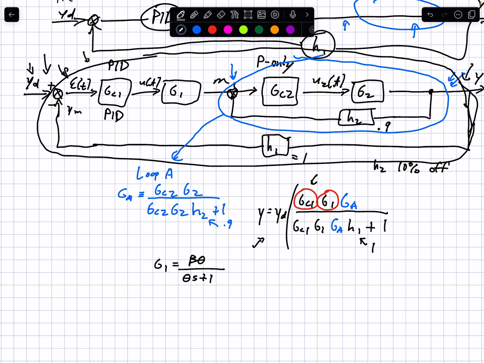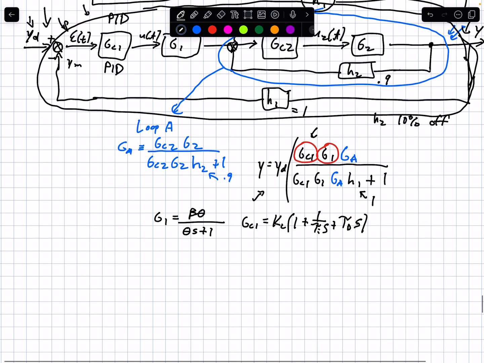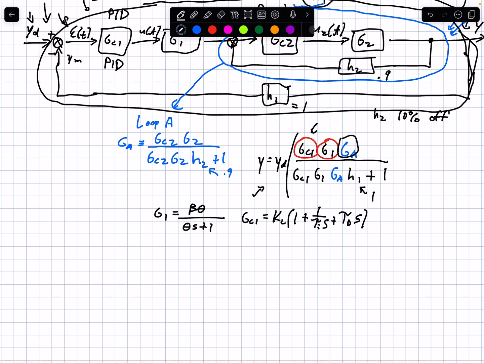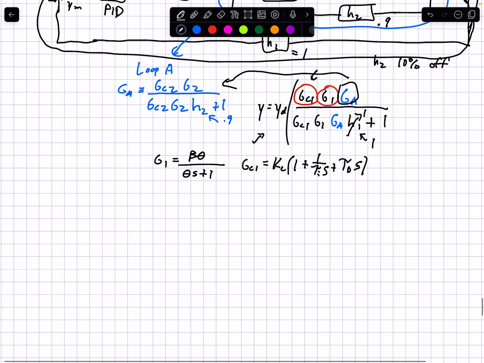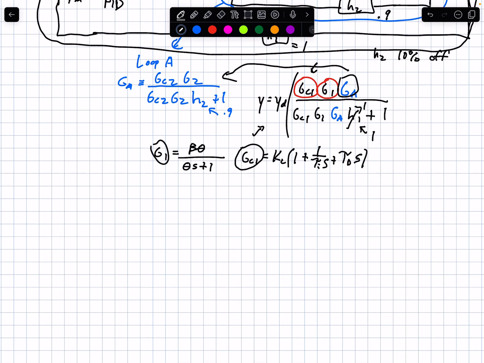From the derivation in class, GC1 is equal to KC (1 plus 1 over tau I S plus tau D S). Then we'll get rid of that right now and make that 1, and so we have something to plug in for everything, because GA is right here. The next step is plugging this into this equation.